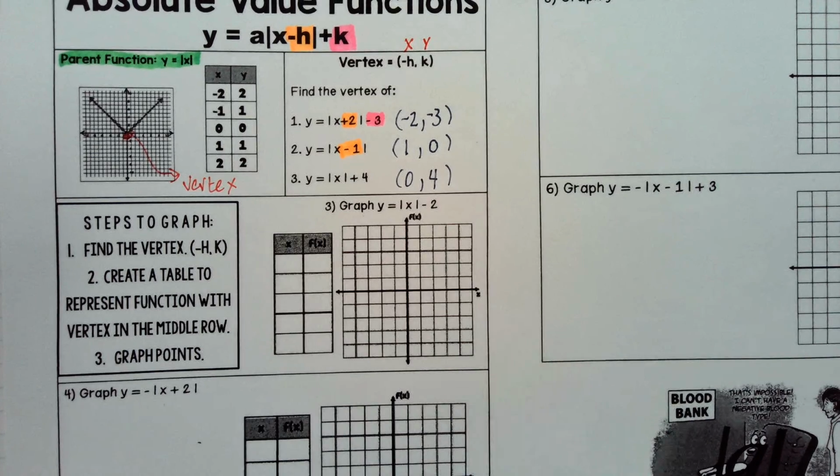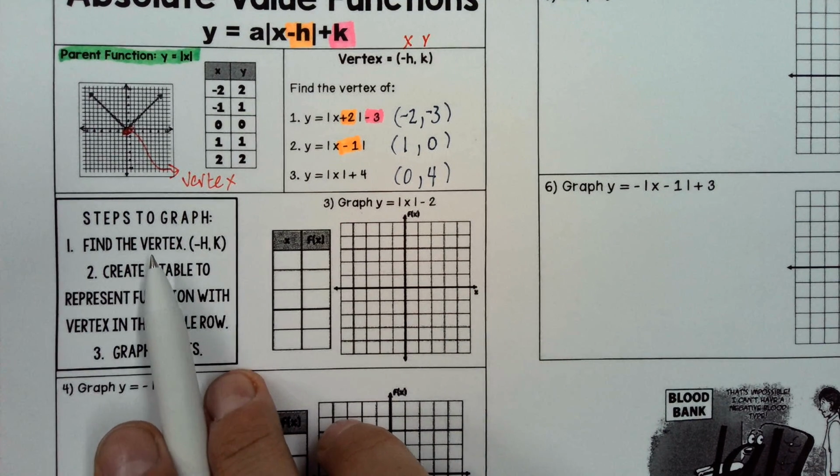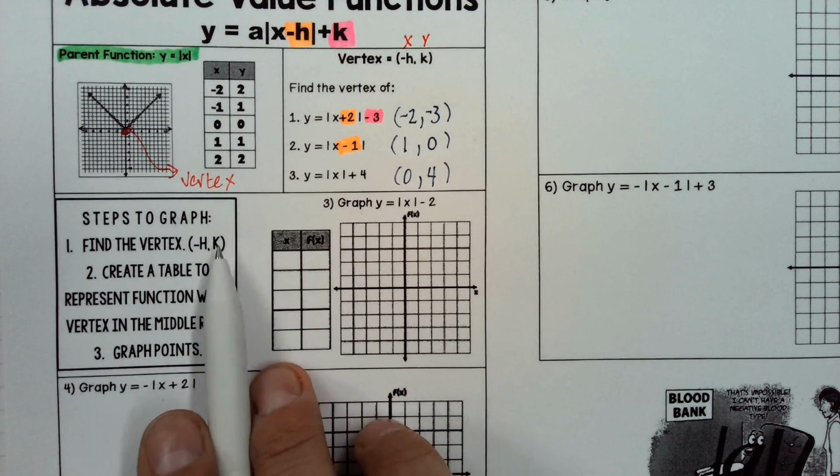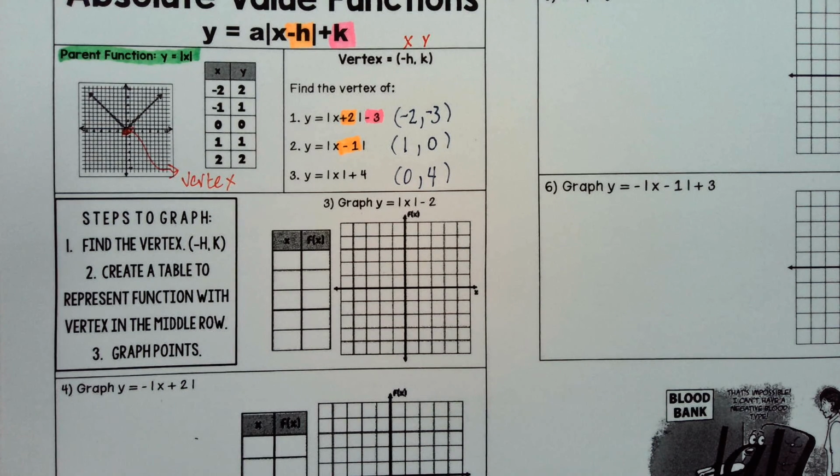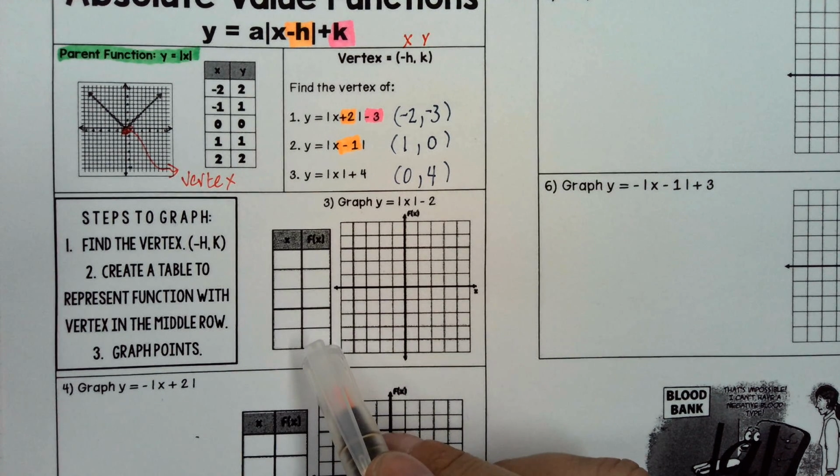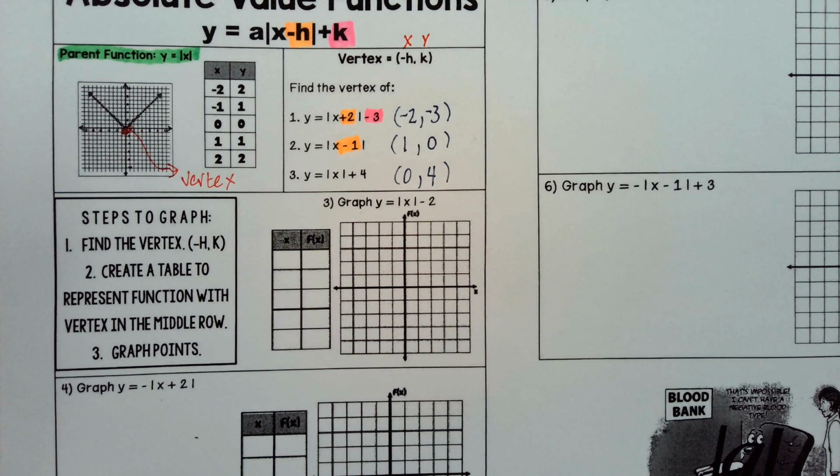So this is going to be the steps we're going to use to graph. We're going to find the vertex. Done that. Not difficult. Then we're going to make a quick little table, just like this. And then we're going to represent the function with a vertex in the middle of the row.